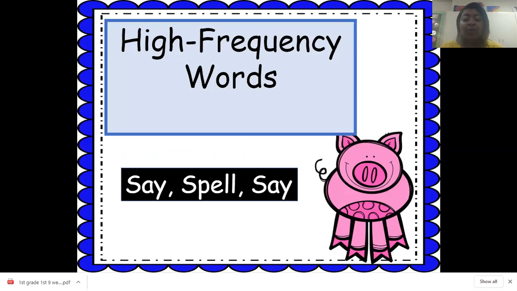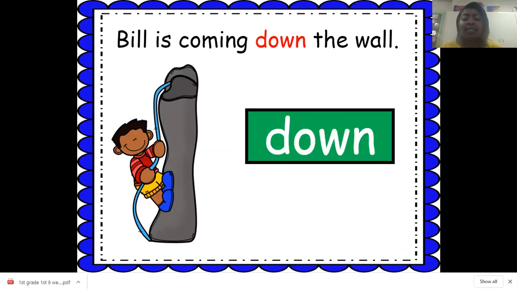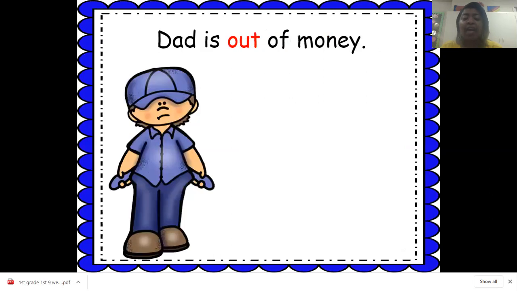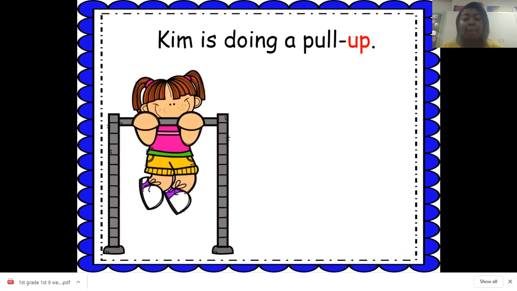High frequency words. We're going to say the words, spell the words, and say them again. Bill is coming down the wall. What word is in red? Down. D-O-W-N. Down. Dad is out of money. What word is in red? Out. O-U-T, out.